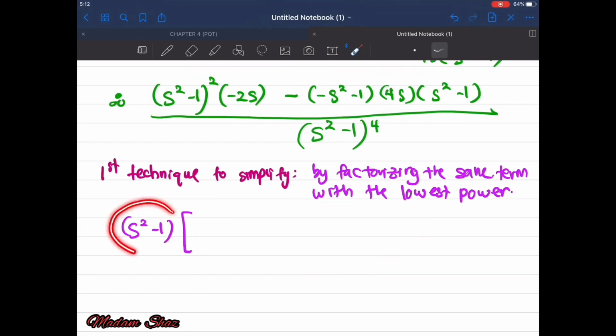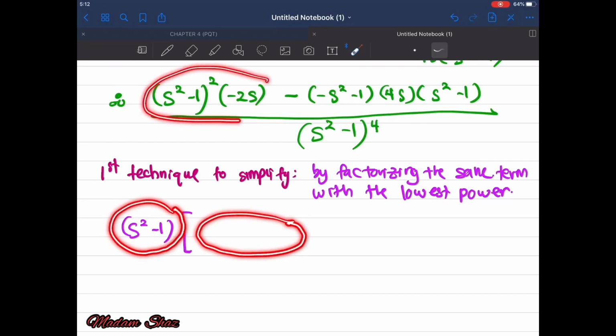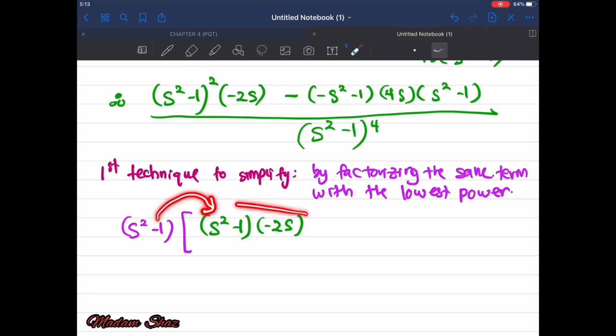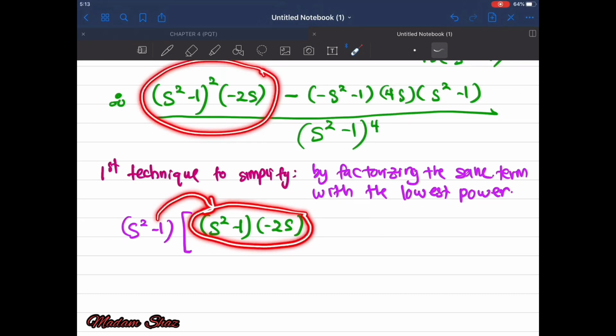What is the term that you have to multiply inside so that you have s squared minus 1 to the power of 2 multiply negative 2s? We should have another s squared minus 1 to the power of 1 and negative 2s, so that when we multiply back, you will have the same term as your original.